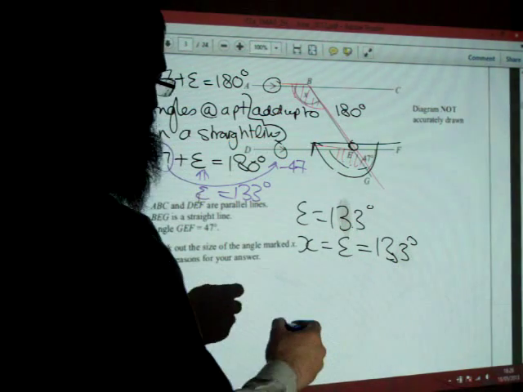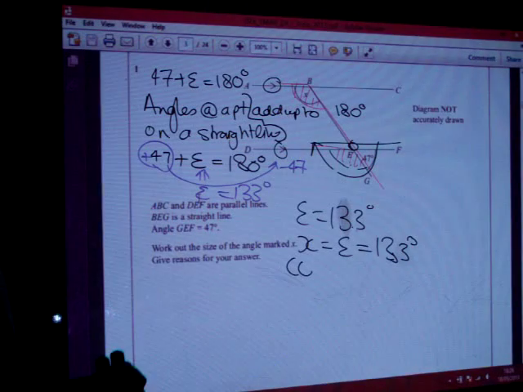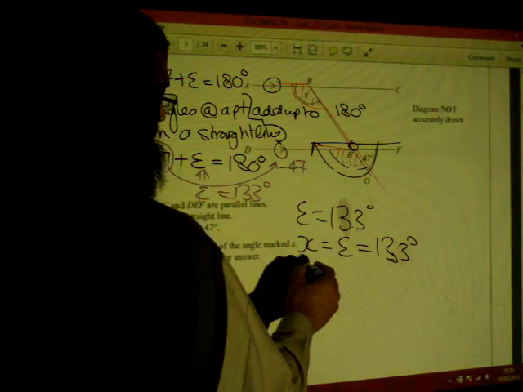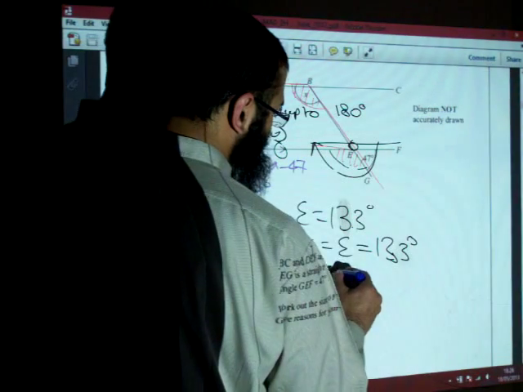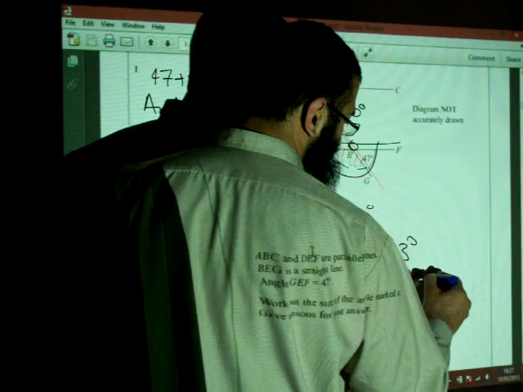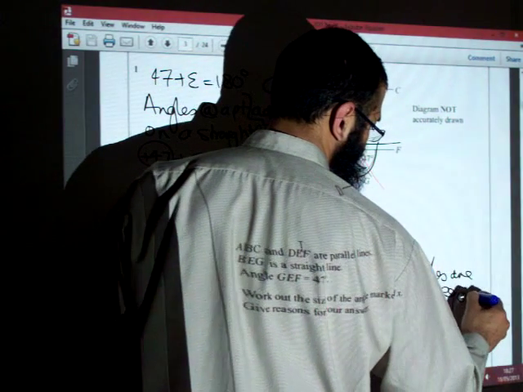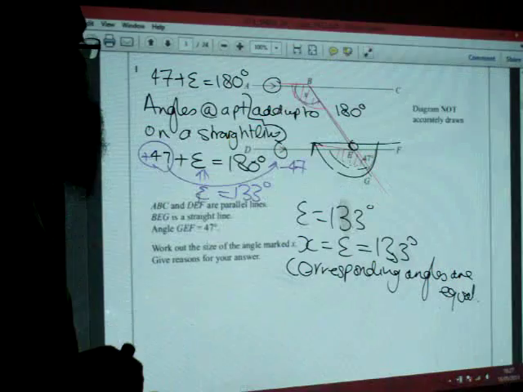And the reason for that? Give reasons for your answer, so you're making statements and reasons. Corresponding angles are equal.